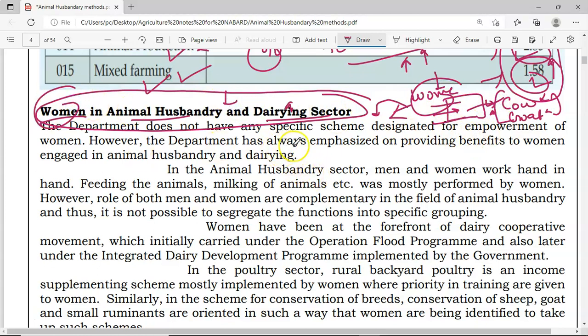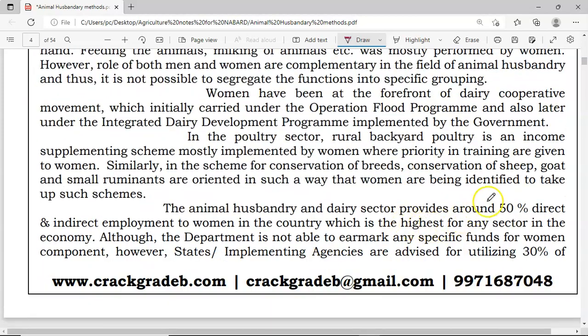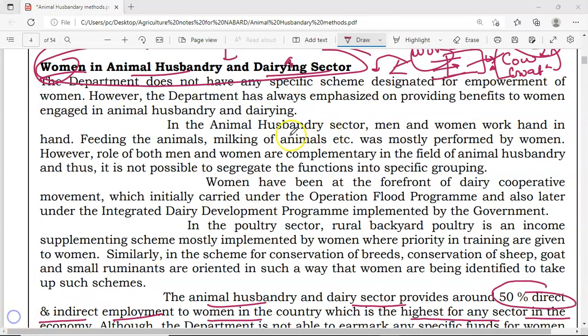So this is the importance of this sector for the women. And if you see, this animal husbandry and dairy sector provides 50% of direct and indirect employment to the women in the country, which is the highest for any sector in the economy. So these are 2 or 3 points by which you are able to understand what types of role are played by the women in this sector, especially in rural areas.